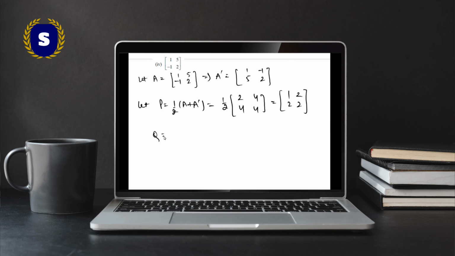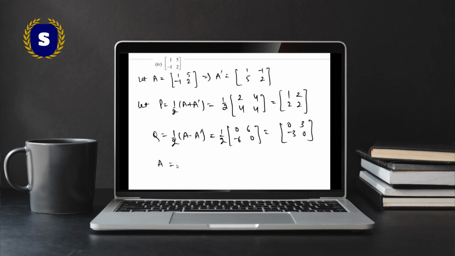And let Q is equal to half of A minus A transpose, which is equal to half of 0, 6, minus 6, 0, that is equal to 0, 3, minus 3, 0, which is a skew symmetric matrix.